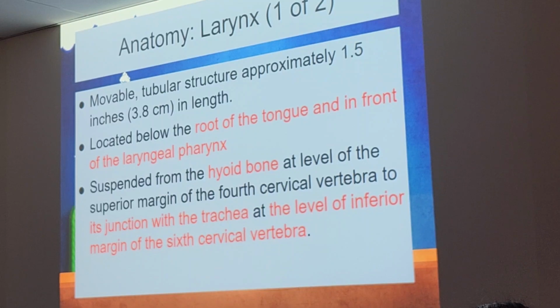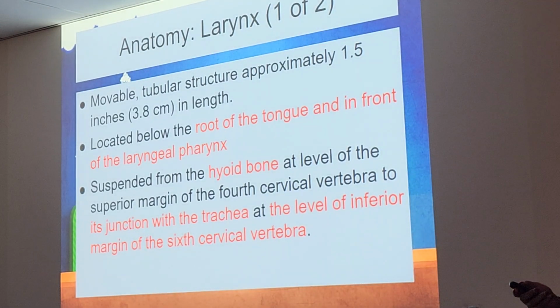So we have our pharynx, which starts with the nasopharynx, then the oropharynx, then the laryngopharynx, and then goes down into the esophagus, correct? And then we have our larynx, which is in front of the laryngopharynx, and it goes down and becomes the trachea. Can we draw a picture for that?